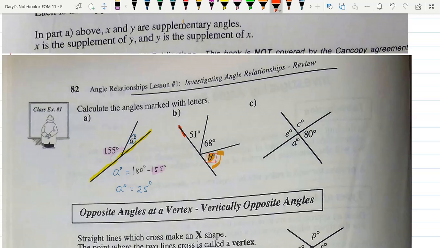So if this is a straight line, the angles lying along that would take the sum of 180 degrees. So therefore, angle B would just be equivalent to, again, the sum is 180 degrees in total.